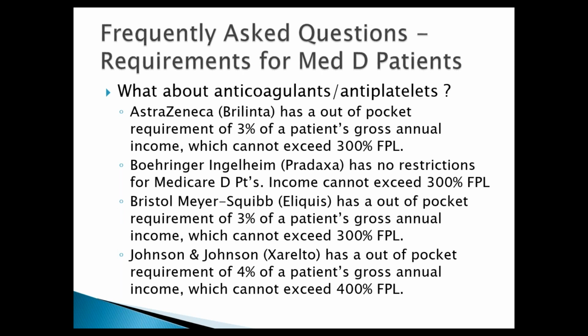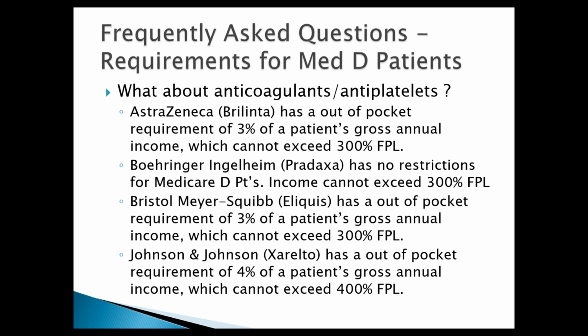The last category that I get a lot of questions about are anticoagulants and antiplatelets. So Brilinta from AstraZeneca has the out-of-pocket requirement of 3%.